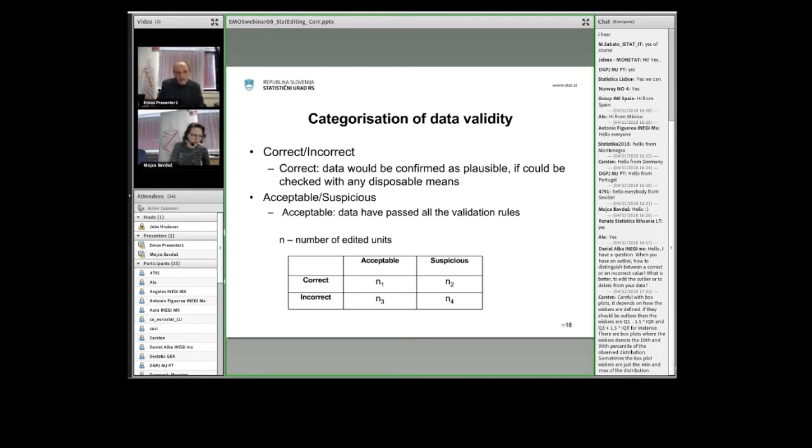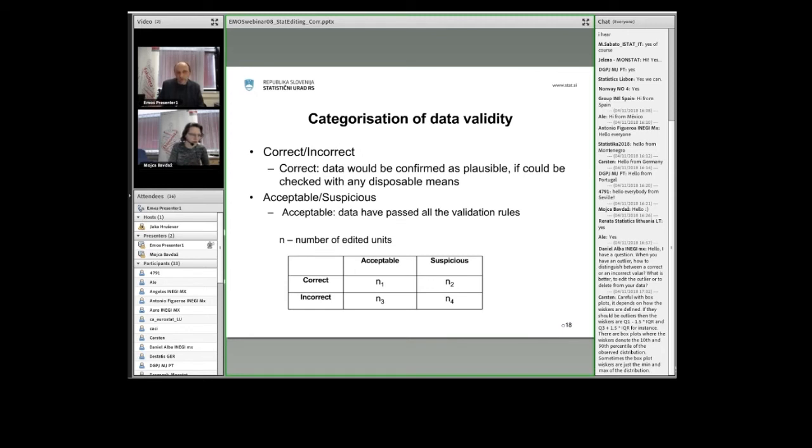The other division is acceptable and suspicious values. These are connected to the data validation rules. We say that a value is acceptable if it passes all the validation rules, if it goes through all the controls. If not, it's suspicious. Based on this division, we can divide units. If you have n units, you can divide them into 4 categories.